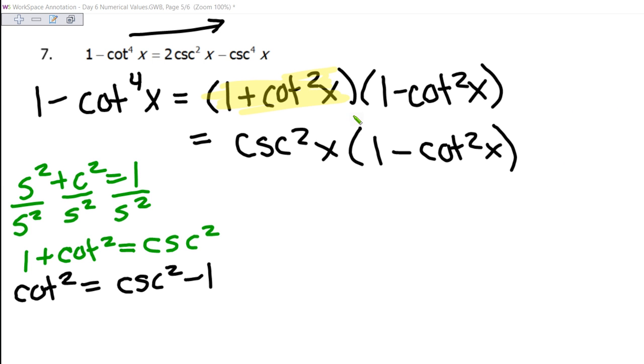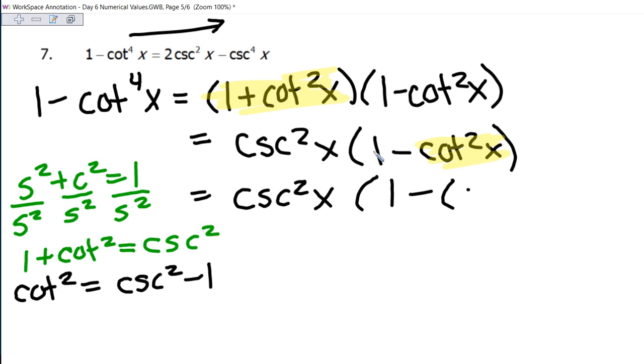So over here, the cotangent squared, we're going to replace it. And instead of cotangent squared, what could I put? Cosecant squared minus 1.